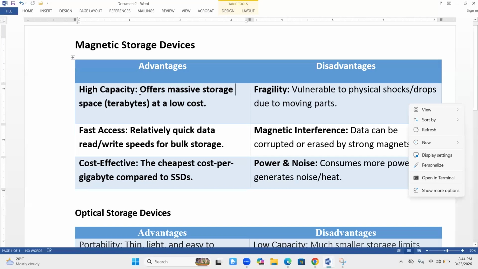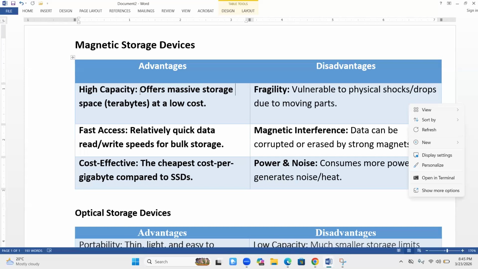Magnetic storage devices offer a massive storage space at a low cost, that means high capacity compared with the other two devices. Then fast access: relatively quick data read and write speeds for bulk storage.